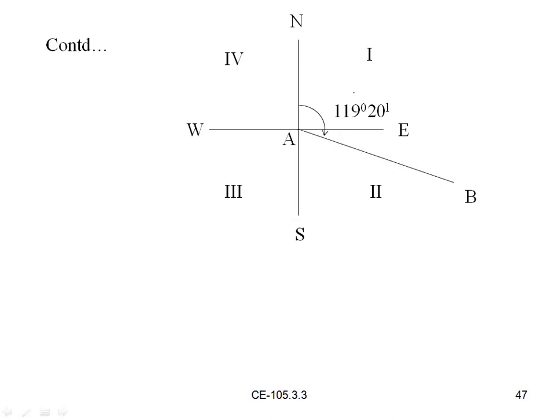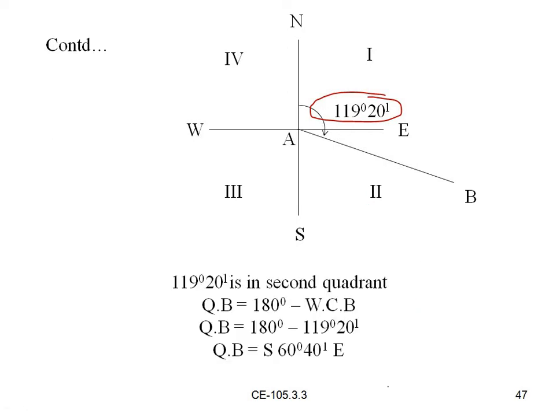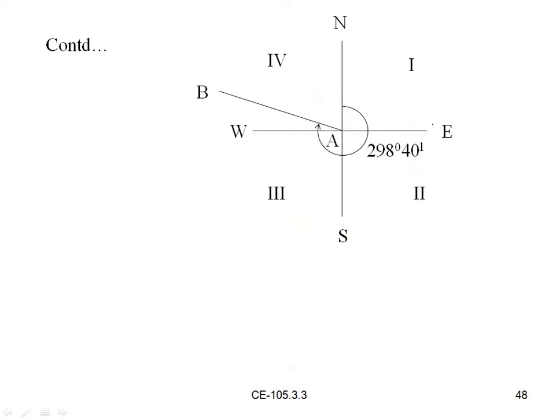And the next one is 180 degrees 20 minutes. For this, what we will do is 180 degrees minus the whole circle bearing, 180 degrees minus 180 degrees 20 minutes. We will get south 60 degrees 40 minutes east. Next one, fourth quadrant, 298 degrees 40 minutes.